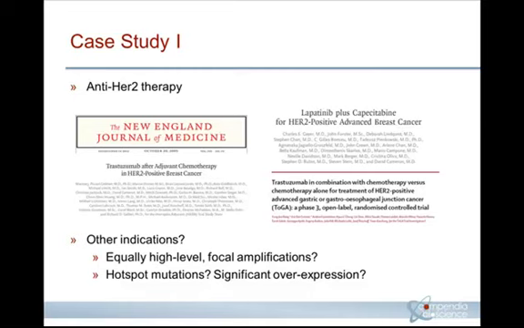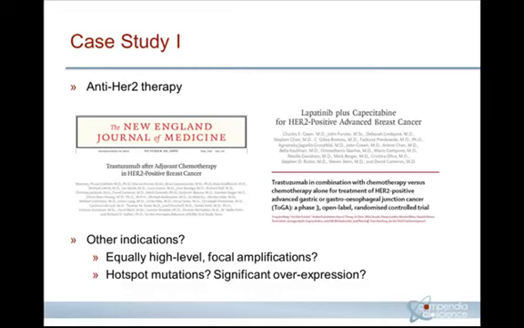As I'm sure everyone's aware, HER2 agents such as trastuzumab or Herceptin and lapatinib are approved for HER2-positive breast cancers. As you likely know as well, more recently, Herceptin has been approved for gastric cancers, as gastric cancers also have high-level HER2 amplifications in subsets of the population.